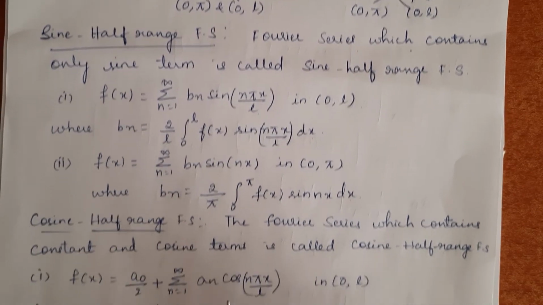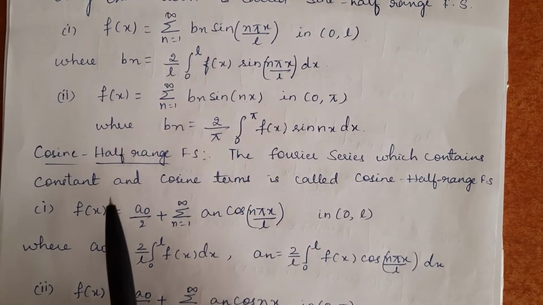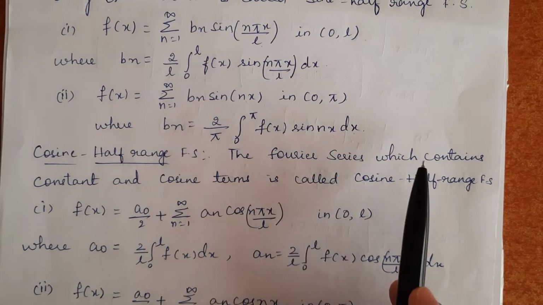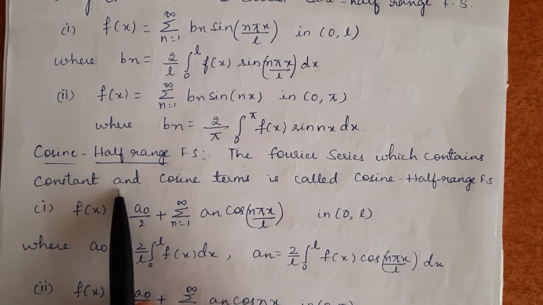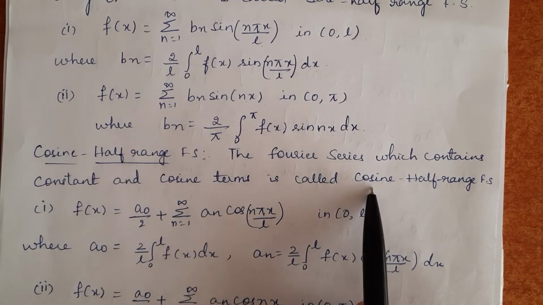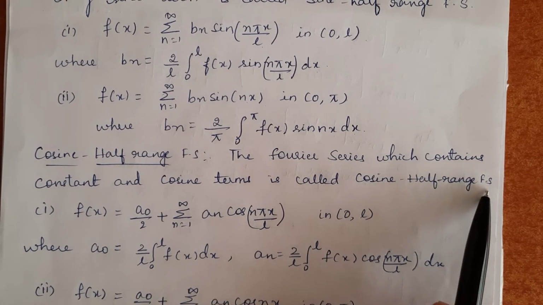Now let us define what is the cosine half range Fourier series. The Fourier series which contains a constant term and cosine terms is called cosine half range Fourier series.